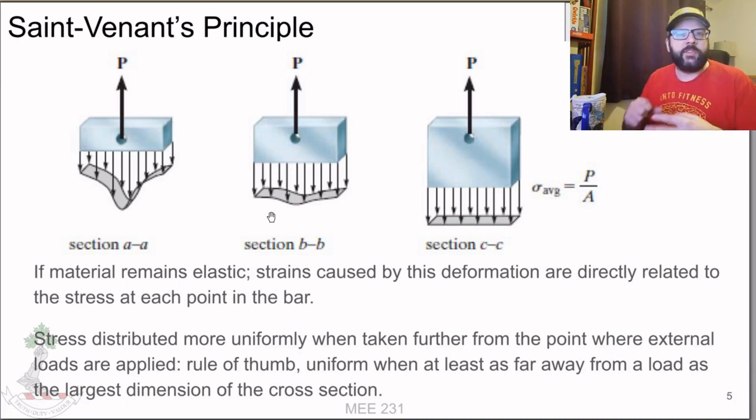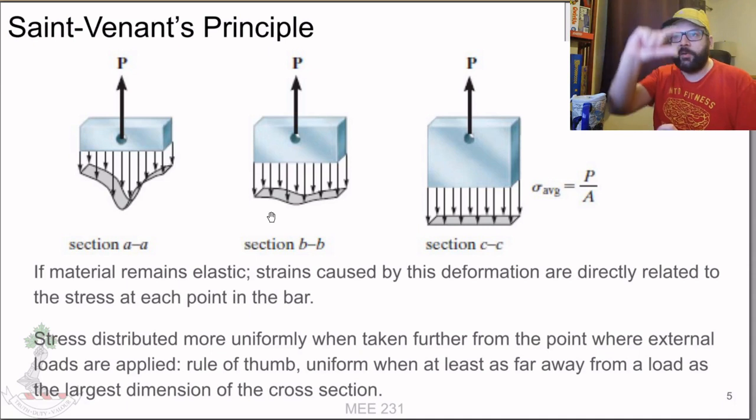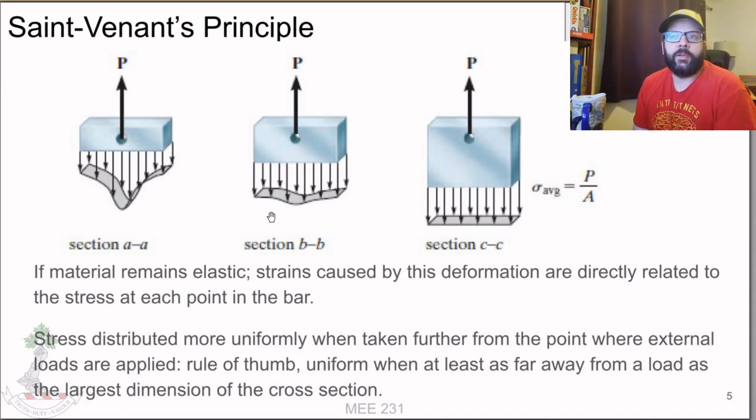Generally speaking, you can assume uniformity if you're at least as far away from the load as the largest dimension of the cross-section. So if your cross-section is, say, 10 millimeters by 50 millimeters, as long as you're 50 millimeters away lengthwise from the load, then you can usually assume it's fairly, if not completely, uniform.